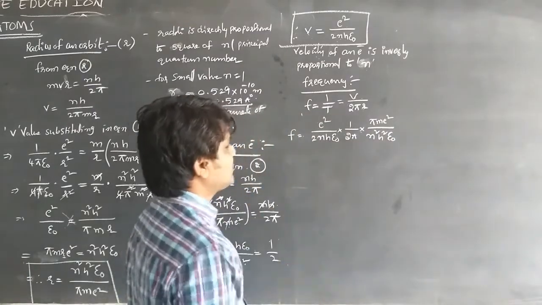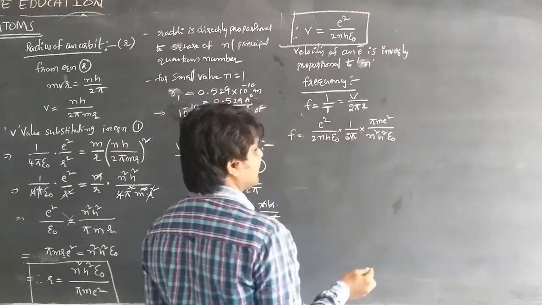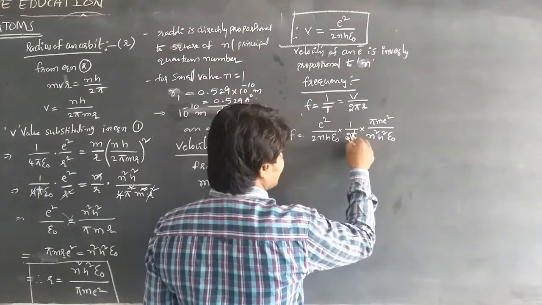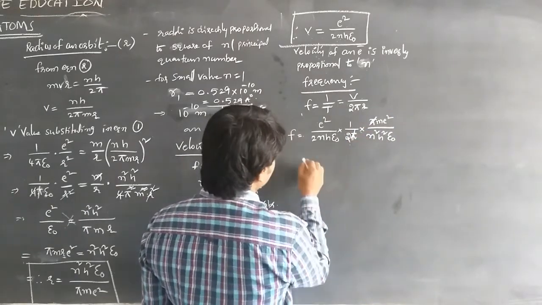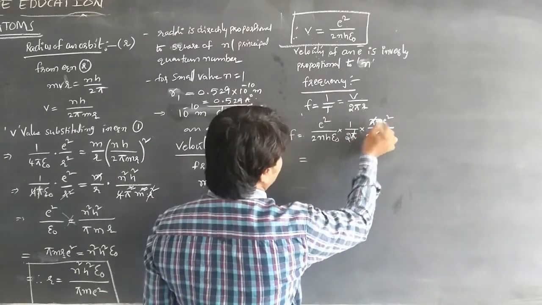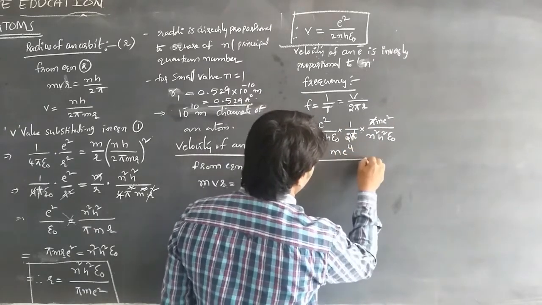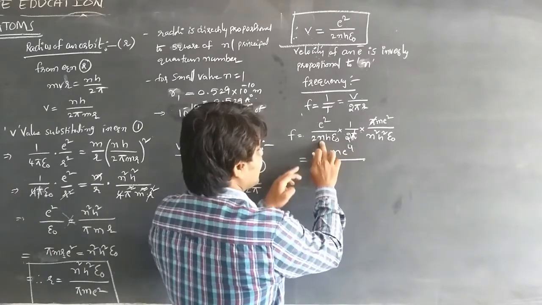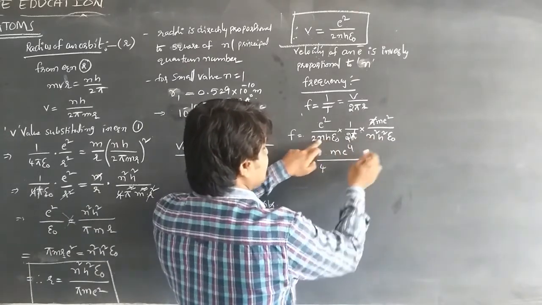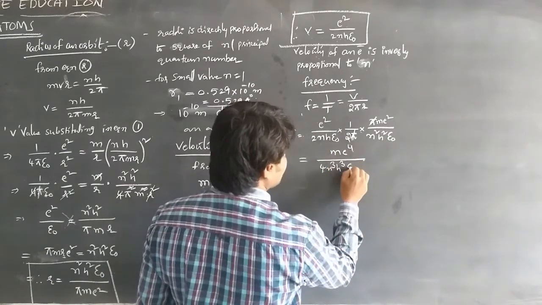The terms which are the same in the numerator and denominator can be cancelled. Only pi gets cancelled with pi, and the remaining terms will be the same: m into e square, that will be m e power 4 by 2 to the 4, n square h square, which means n cube h cube epsilon naught square.